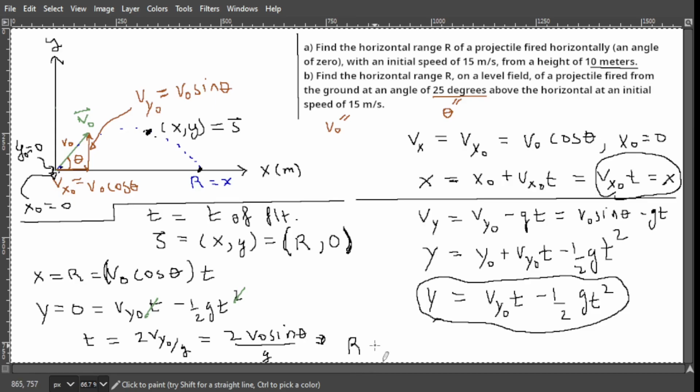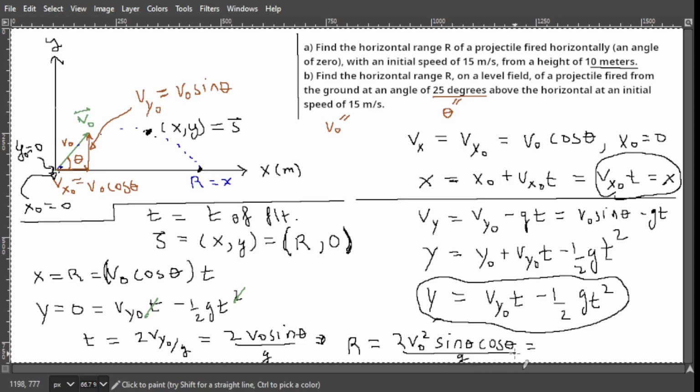The range, by substituting this in over here, I'm going to see it's equal to 2 V0 squared times sine of the angle times the cosine of the angle, all divided by g. So all I did was I substituted this value in for t over here, rearranged terms a little bit. Check my algebra out on that for me if you want. I did it kind of all in one step just to save space because I'm running out of room here.